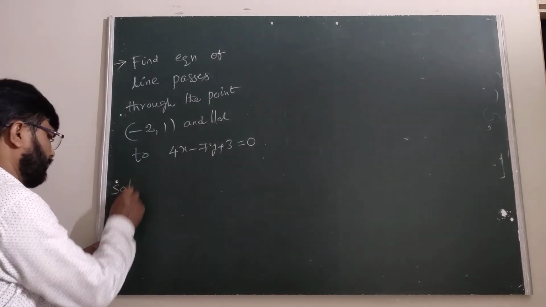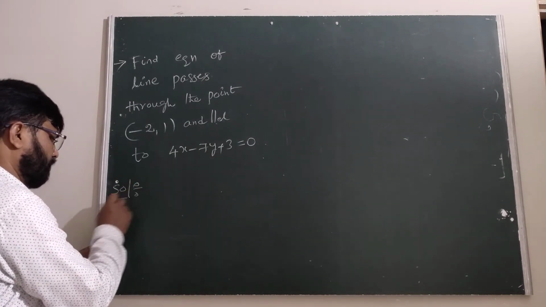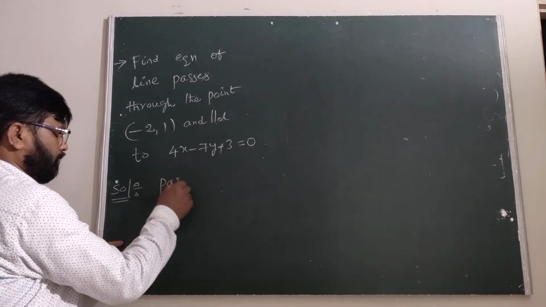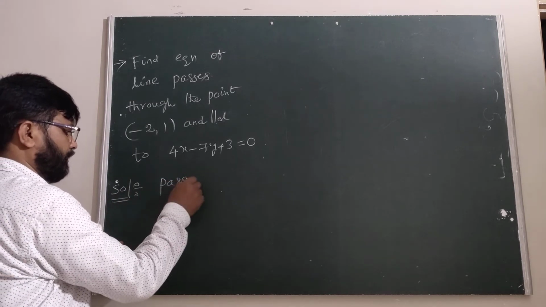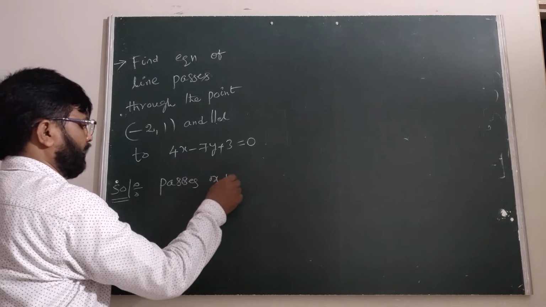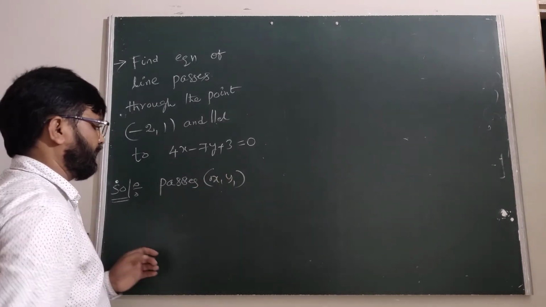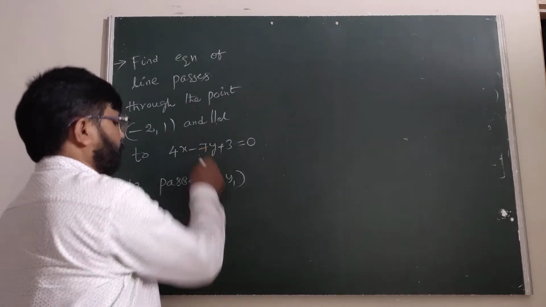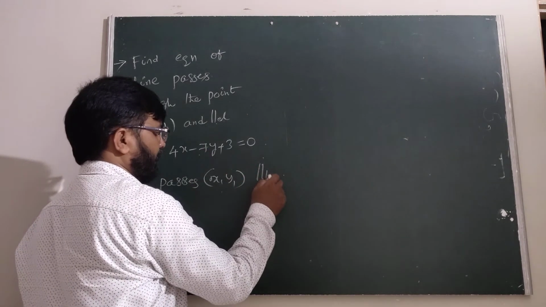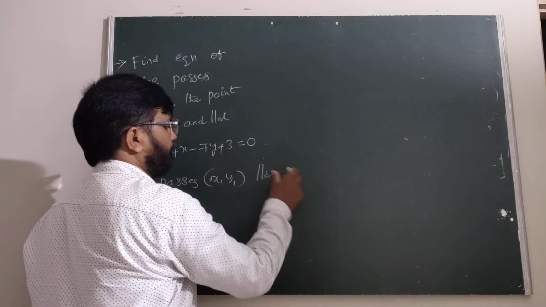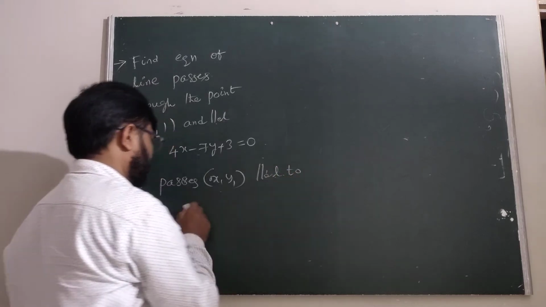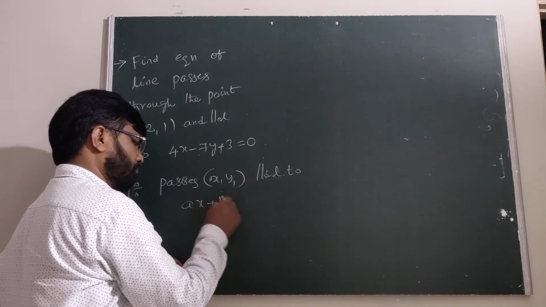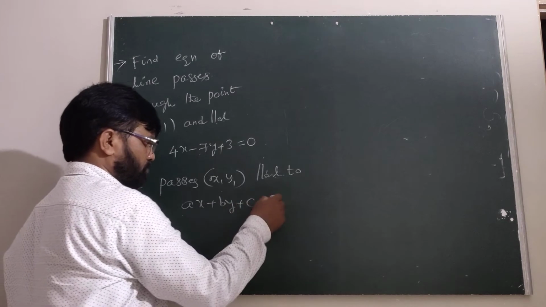So we have to know that the equation of the line passing through the point x1 y1, okay, and parallel to ax plus by plus c equal to 0.